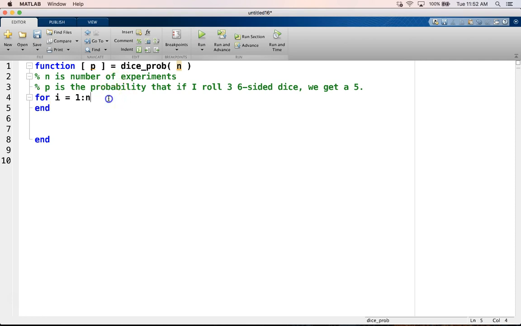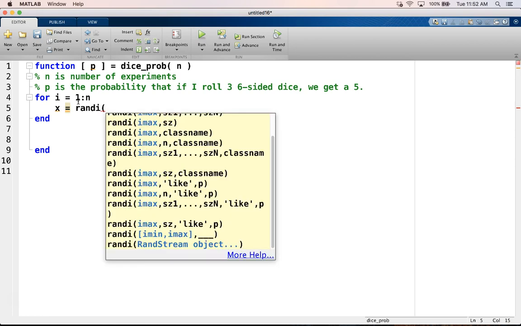So each iteration through this for loop is going to be one of our experiments. And what's an experiment? Rolling 3 6-sided dice. So let me call it, how about x for experiment? And now remember how to use rand_i to simulate this. I want it to simulate rolling 3 6-sided dice.